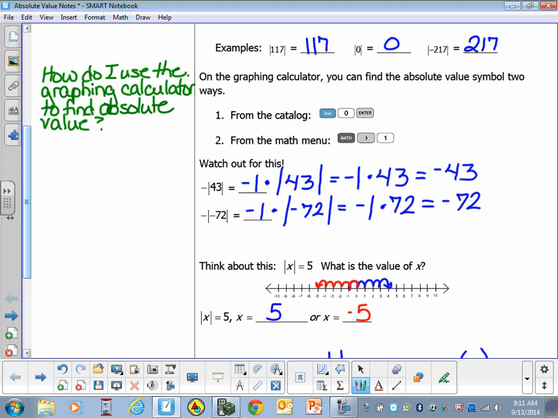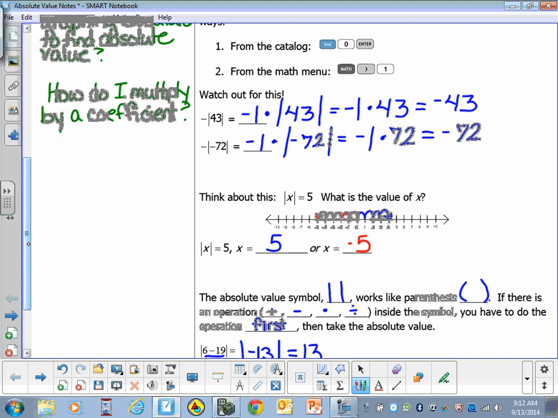The next section talked about multiplying by a coefficient. How do I multiply by a coefficient? The next section of notes talked about finding the absolute value of a variable.